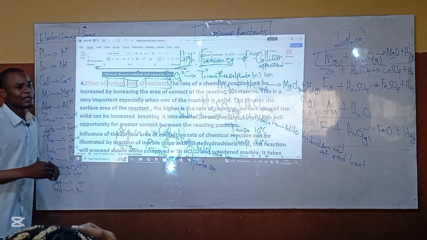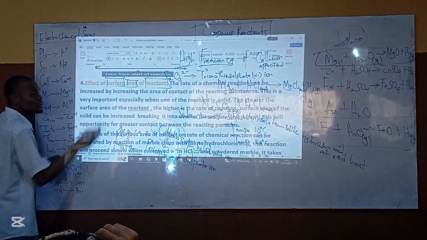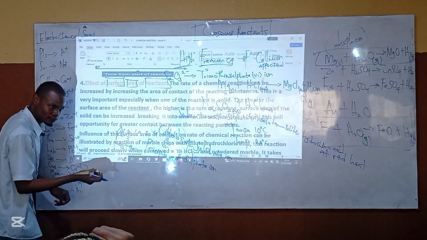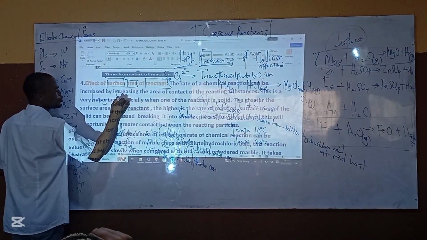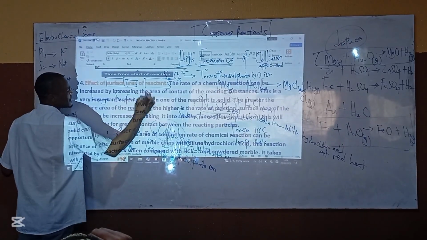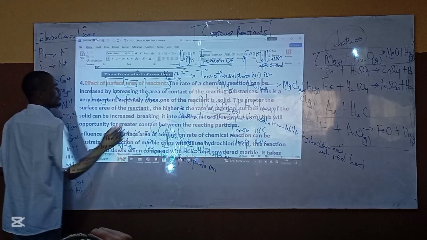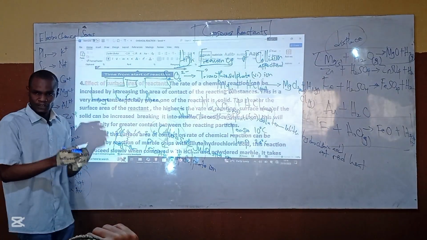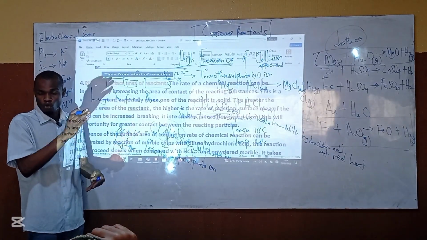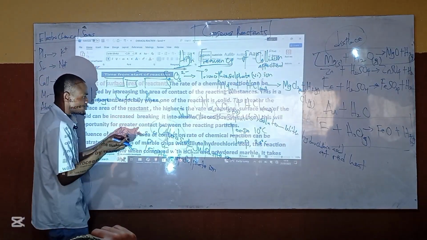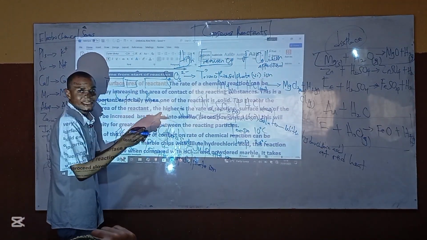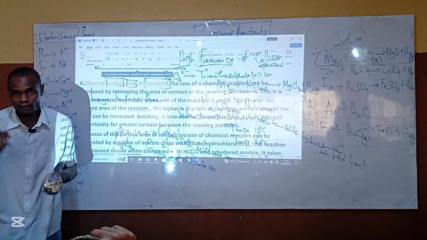Now in chemistry, something that is in powder form has a large surface area. But something that is in solid form, maybe cocoa, that is big.